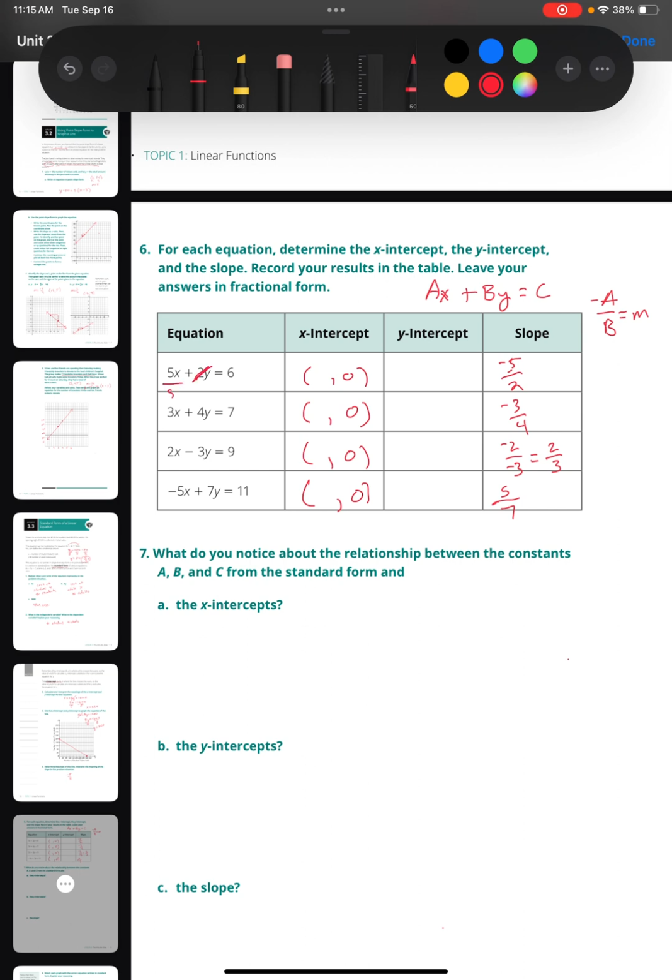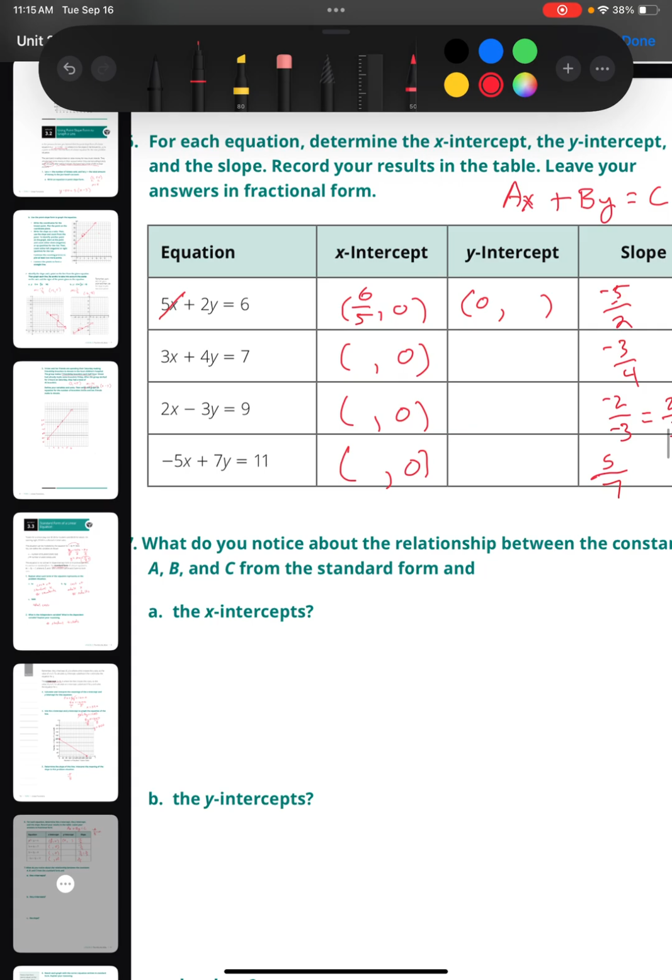So all we'd have to do is divide by 5, and we're going to get 6/5. Now if I go back and do the y-intercept is where x is 0. So if I plug 0 in for x, the x goes away, and I have 2y equals 6. So I can divide by 2, and I'm going to get y equals 3. So 0, 3 would be my y-intercept.